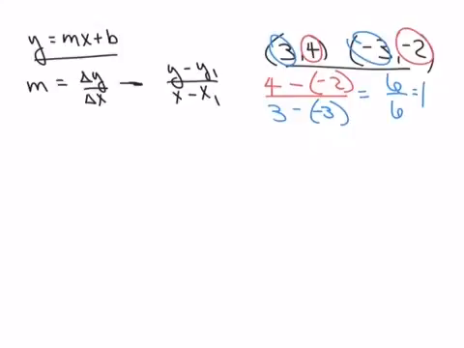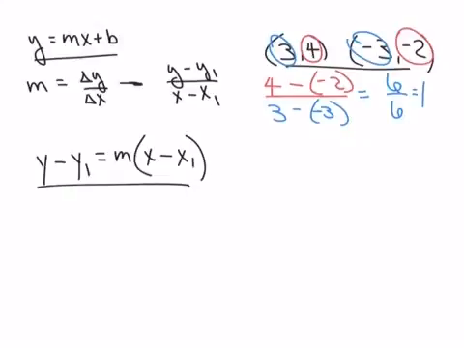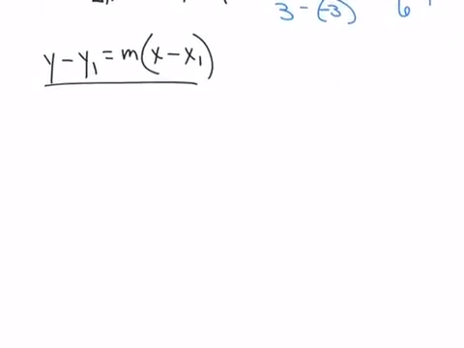All right, the point-slope form of the equation is somewhat similar to that, and it looks like this. One of your y's minus the other one equals the slope times one of your x's minus the other one. So that is the formula for the point-slope form. Now, in the last assignment, we could have used the point-slope form in some of our problems, because remember I gave you a point and I gave you a slope.